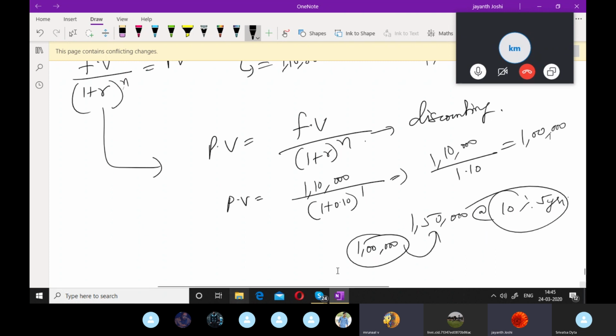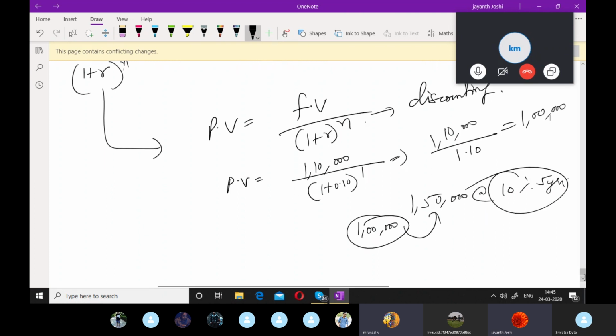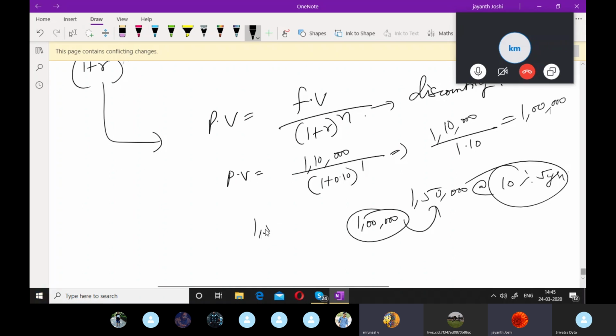Now someone asks you to find out the present value. How will you find out? 1,50,000, which is the amount after 5 years, divided by (1 plus 0.10) whole power 5. Because this amount is for 5 years, you need to find out for the current year. So this was for 1 year, so n becomes 1. If it is 5 years, n becomes 5. So these are the things you should understand.